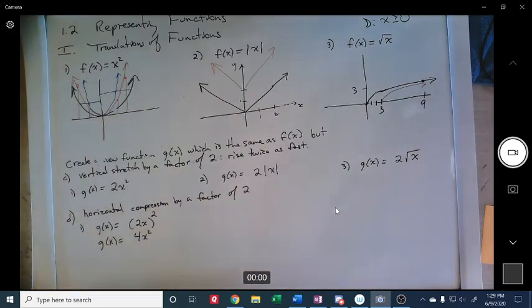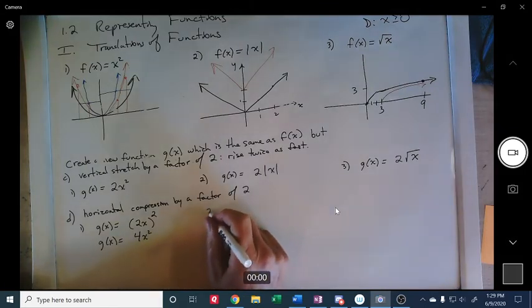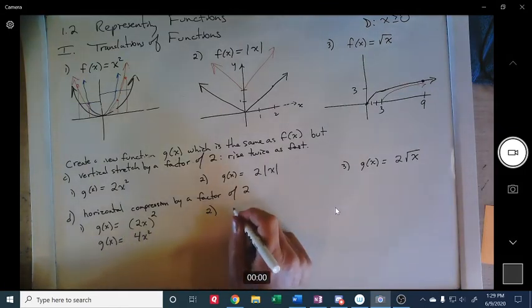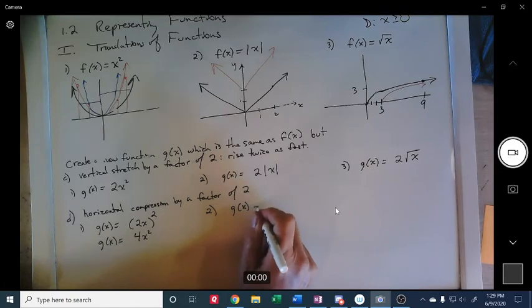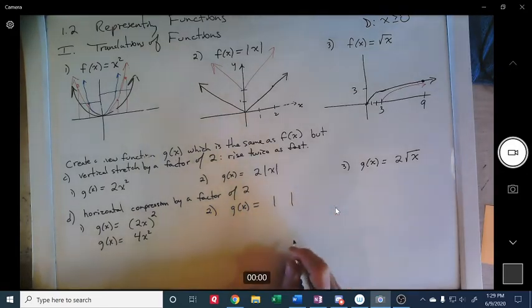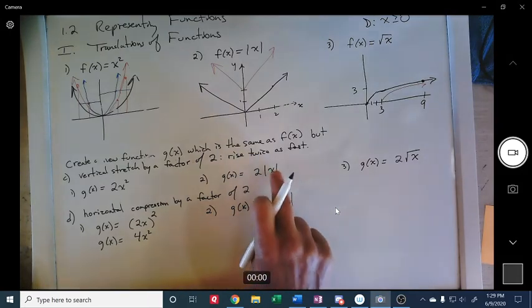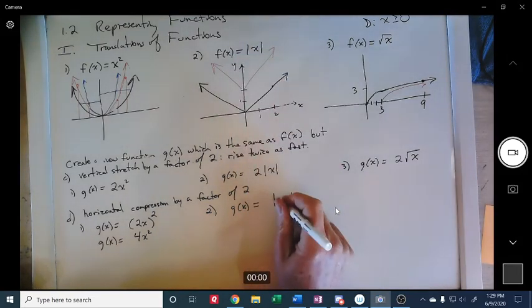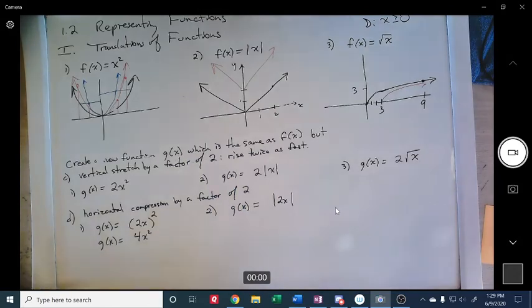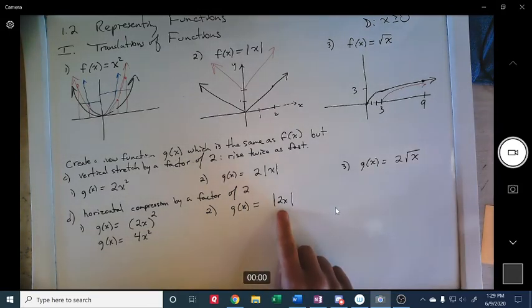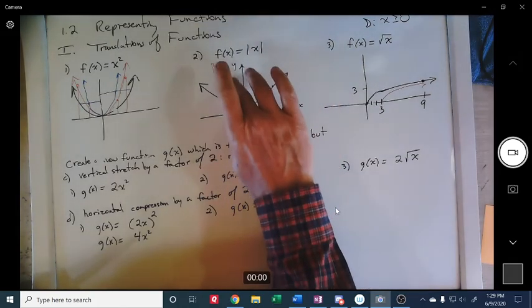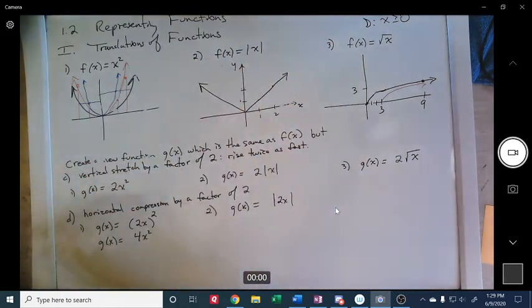So a number 2. G of x. Normally I'm putting absolute value of x, but I replace the x with 2x. And that's going to be a horizontal compression. Now this case is going to be the same.